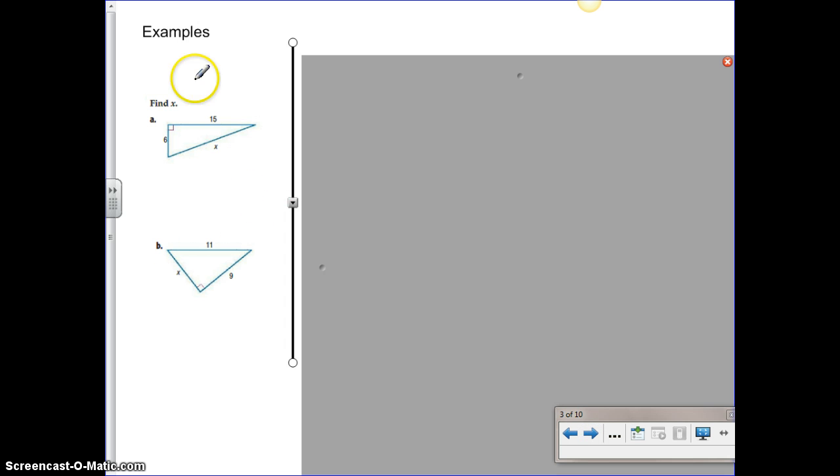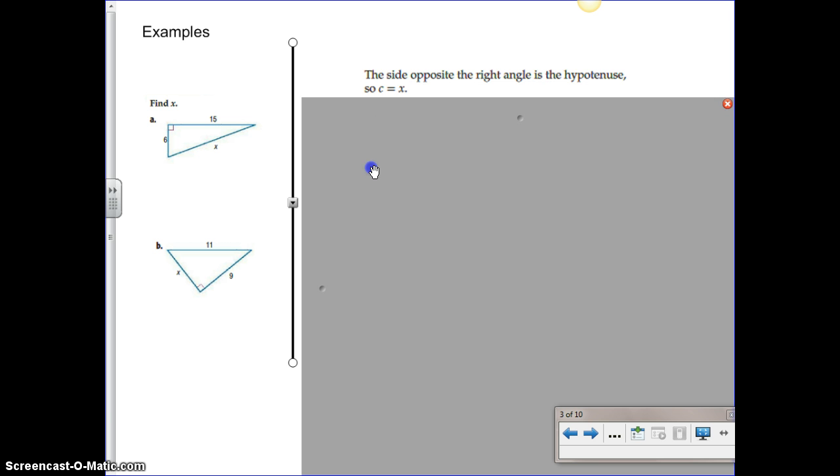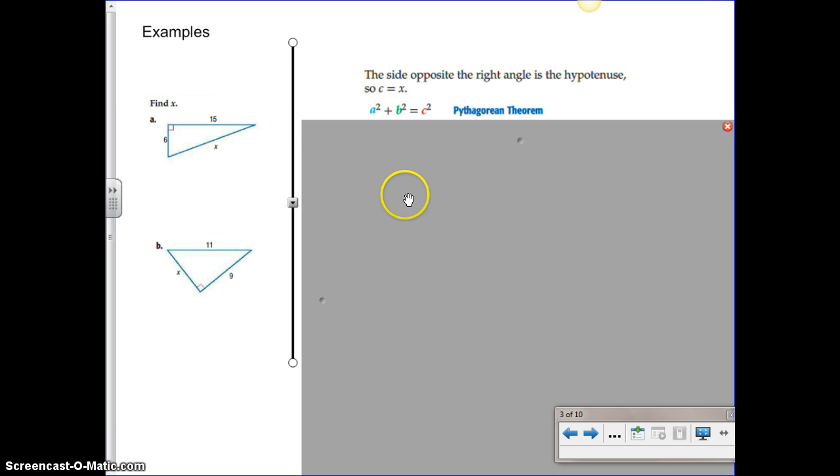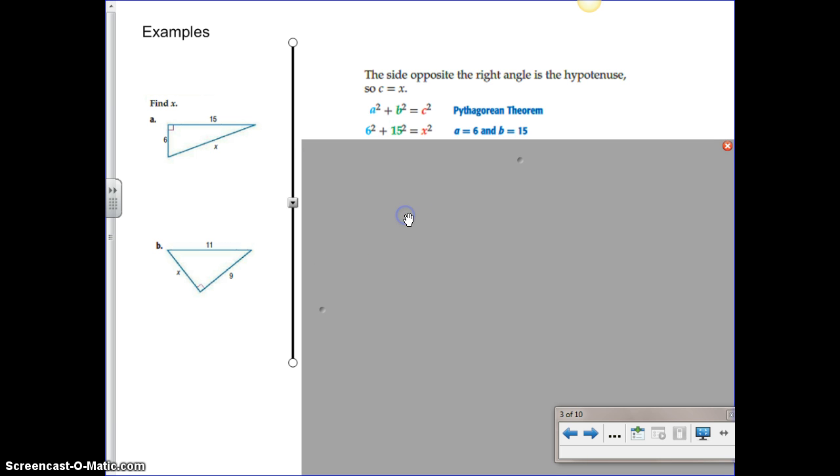Let's do some review problems here. The first one, A, we have a leg length of 6, a leg length of 15, and our hypotenuse length of x. That means x is our c. When we use the Pythagorean theorem, we can plug in 6 squared plus 15 squared equals x squared.